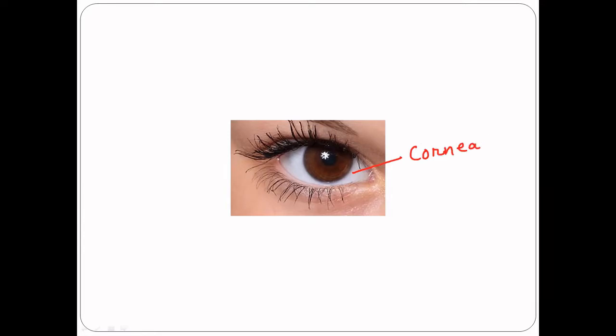Then a colored part. This one is the colored part of the eye, which is different in different people. Like in someone it is brown, in some it is black, gray, blue. So this colored part of our eye is the iris. Inside this, we can see a black circular hole.